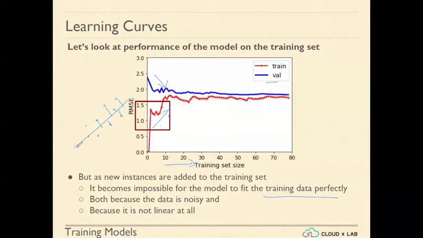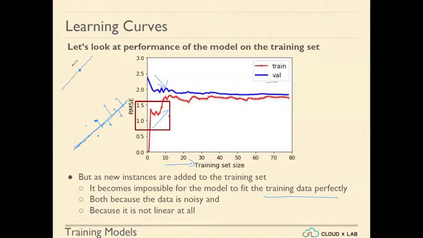Because now we are sure that this can be the line. If we have so many points, then we can definitely say that the model has to be in this direction. If we only have one single point, infinitely many lines can fit here.